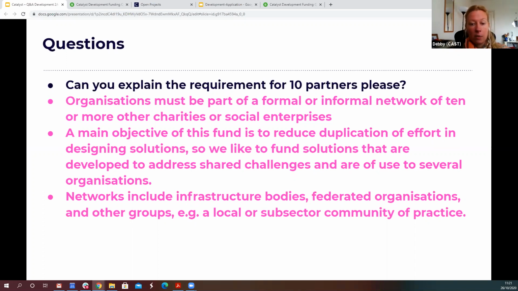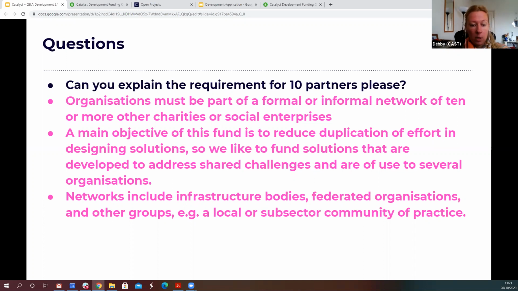So we're asking for you to talk to your network and see where you have got a shared problem, shared challenge? How can you working on this reduce the duplication of effort in designing solutions?